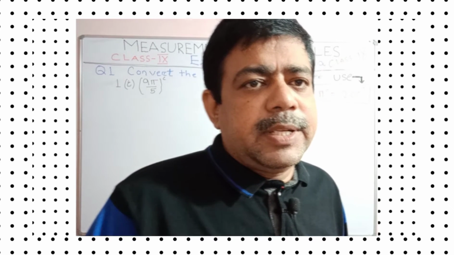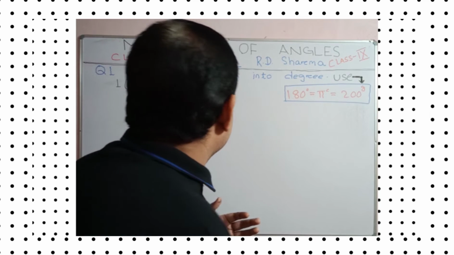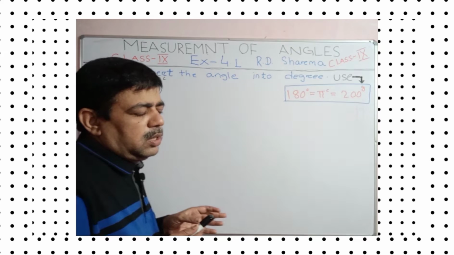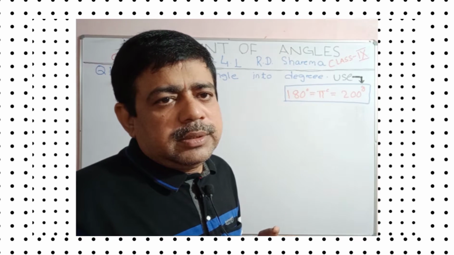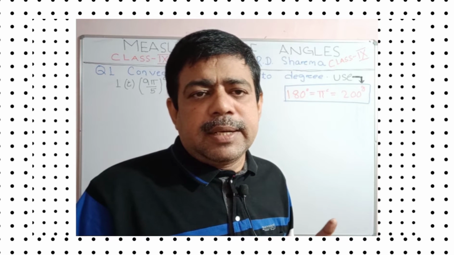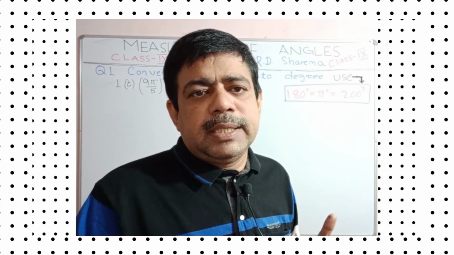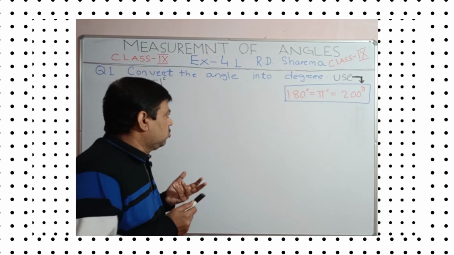So using this relationship we can convert an angle from one system to another system. Okay, understand? Here in question number 1 of your Addis-Sama book, exercise 4.1, I am discussing how to convert the angle in radian to degree. Here the angles are given in radian, we are going to convert into degree. Very simple concept, and already you should know it.